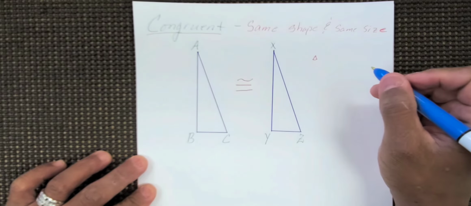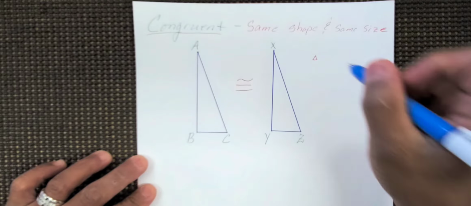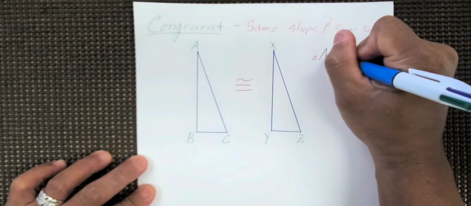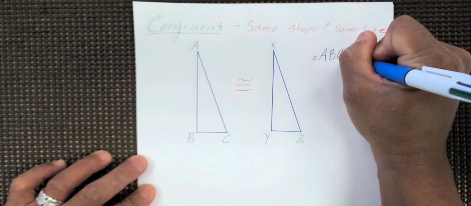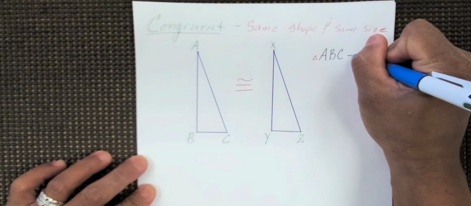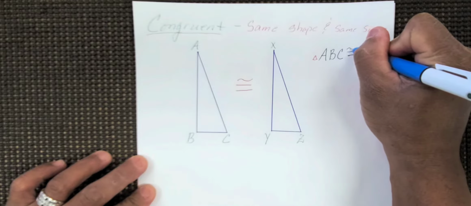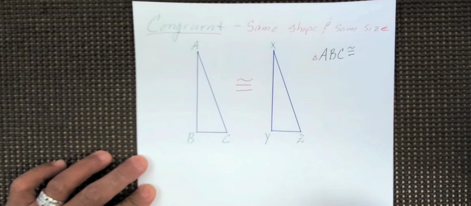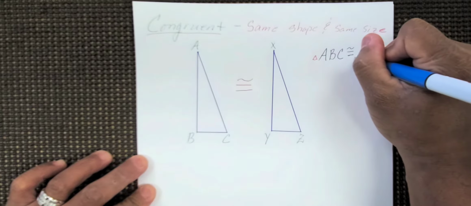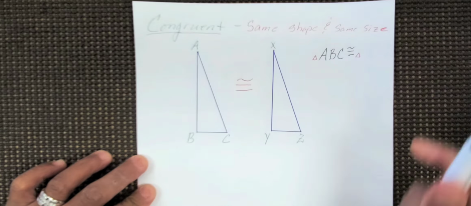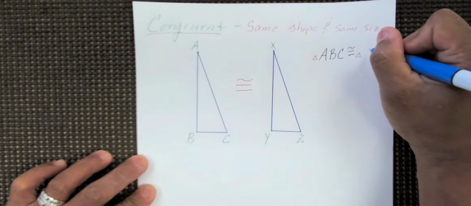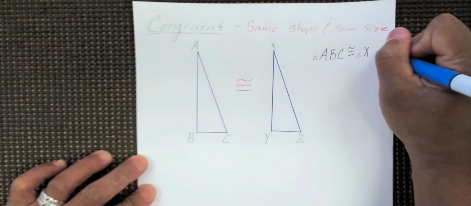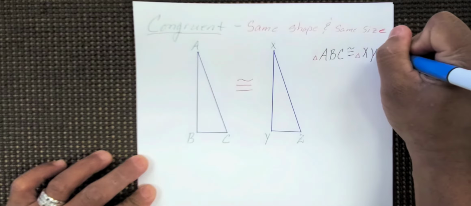So you draw a little small triangle, and then I name the triangle, triangle ABC. I want to say that this triangle is indeed congruent to triangle XYZ. Again, the little small triangle tells us that we're talking about a triangle using three letters.